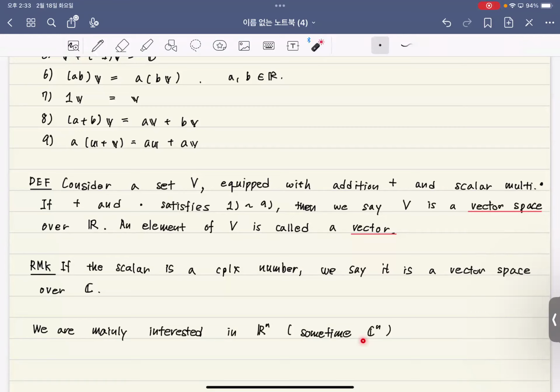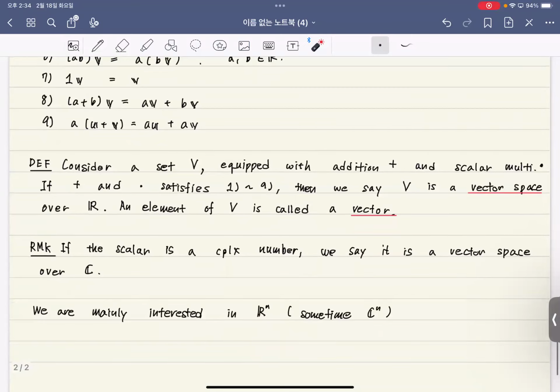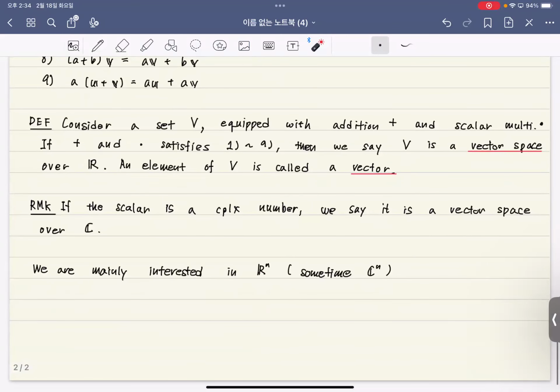So C^n is the collection of n-tuples of complex numbers. But we will be mostly working on the set R^n, the n-dimensional Euclidean space. So this is our main object of interest.